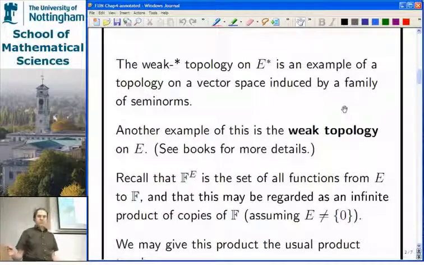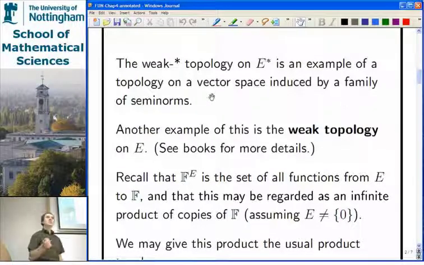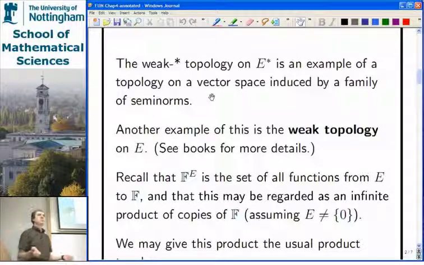Now, we won't be talking about topologies generated by families of seminorms in generality, but this is a typical thing you do when you're discussing topological vector spaces. You say, is your topology induced by a norm? Maybe yes, maybe no. Okay, it's not induced by a norm. Well, maybe it's induced by a seminorm, but one seminorm that isn't a norm won't give you a Hausdorff topology.